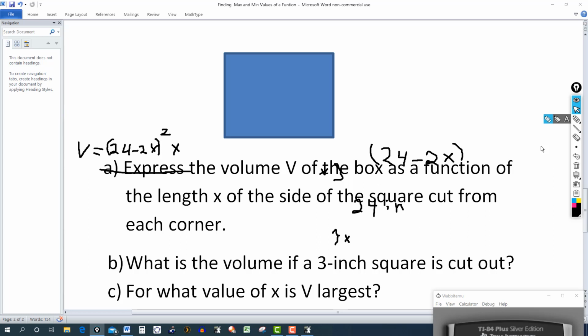So basically you're just replacing the x by 3 here and computing that out, and you'll get 972 cubic inches.